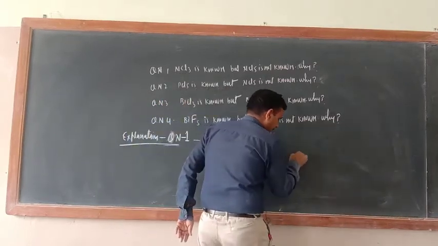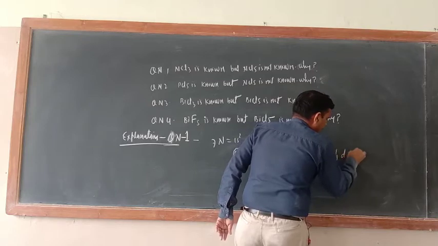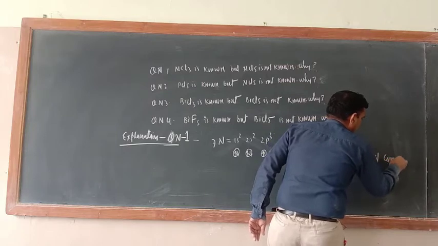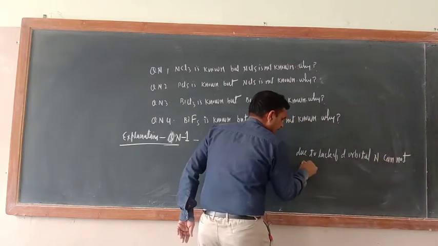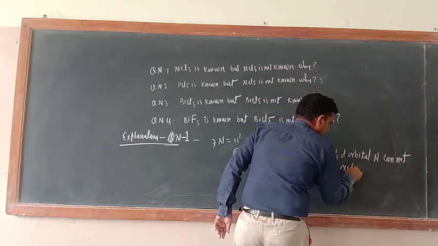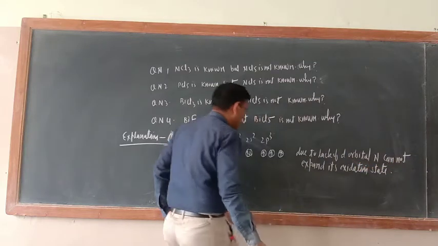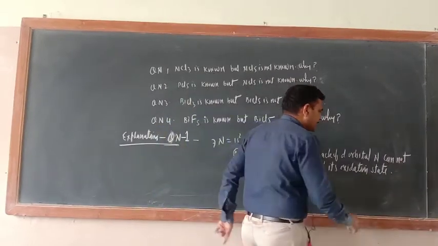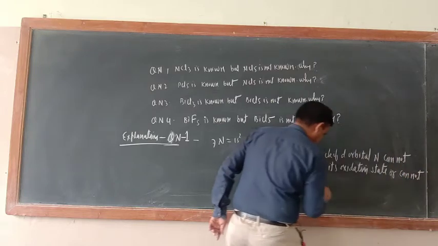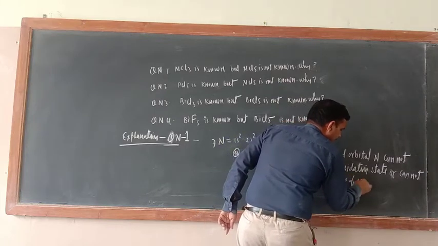Now just see, here you should write: due to lack of d orbital, nitrogen cannot expand its oxidation state, or cannot increase the number of unpaired electrons.